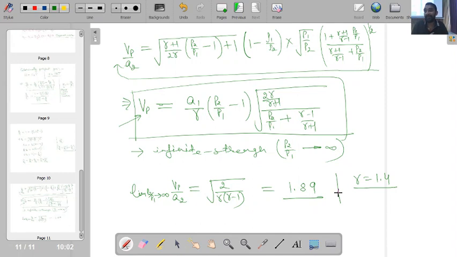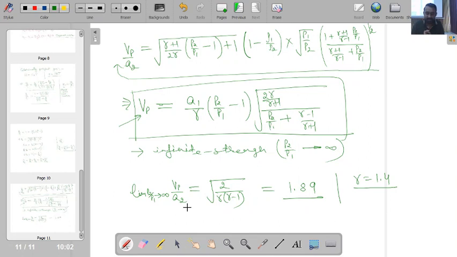You will be able to get that Vp by A2 at max, for a shock wave of infinite strength, can be equal to 1.89. What is the definition of Vp by A2? Vp by A2 is identical to the flow Mach number of the downstream fluid, because Vp is the velocity of the downstream fluid and A2 is the corresponding speed of sound.